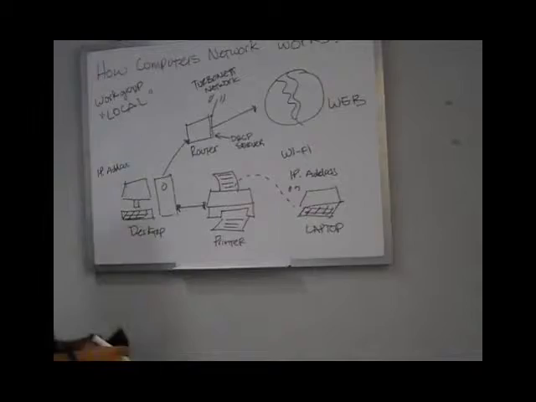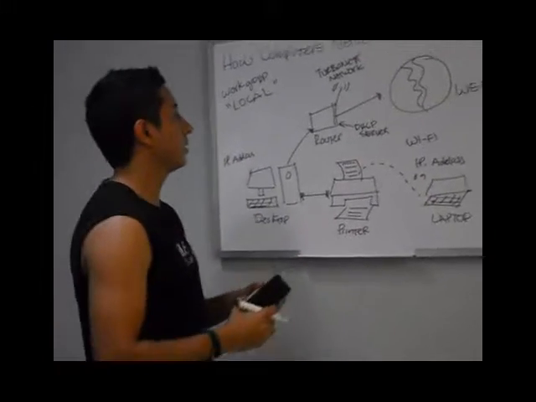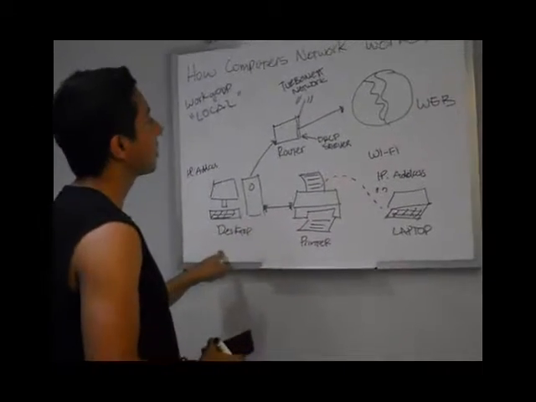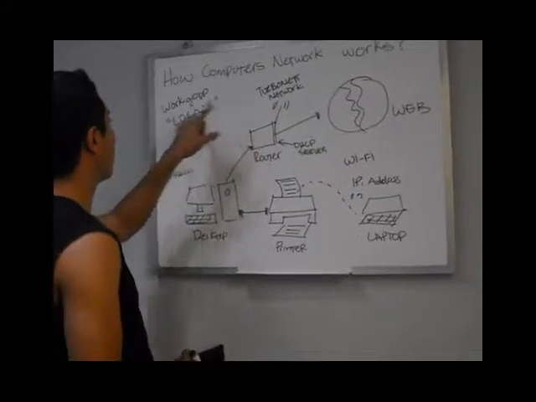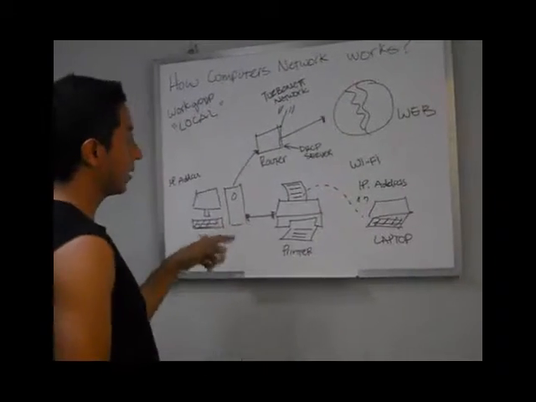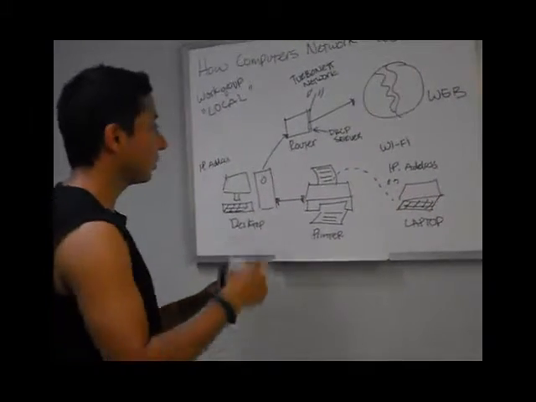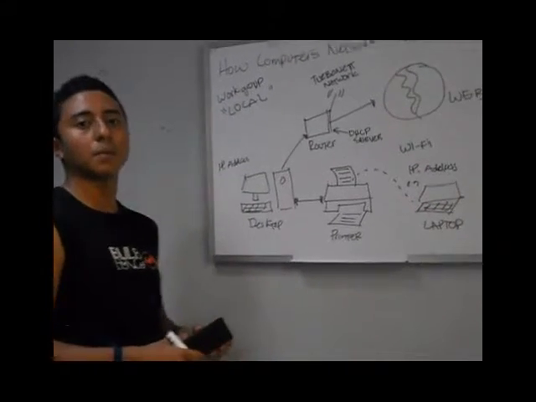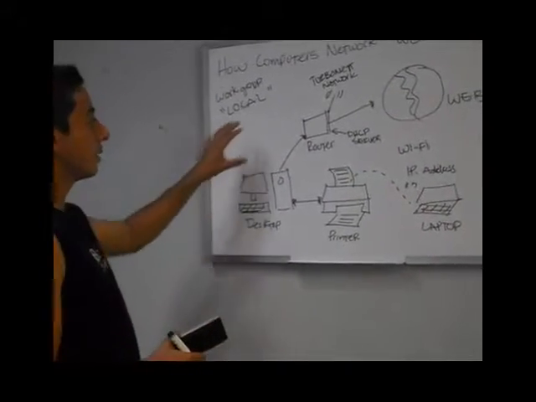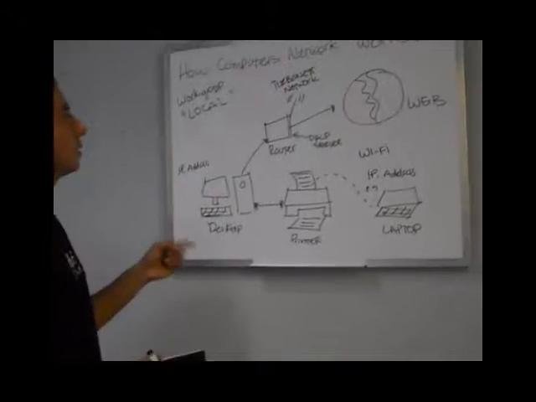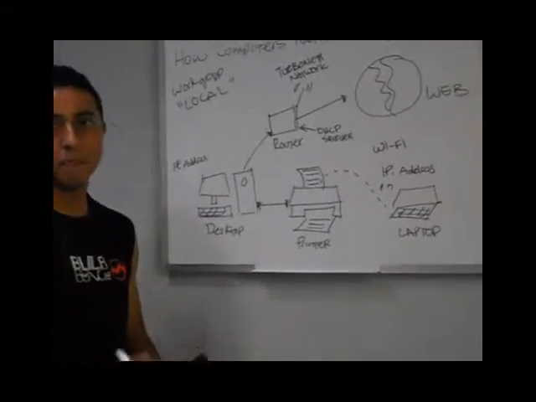So the laptop will use this printer shared by the desktop computer using the network and the workgroup local in this topology. In the next part of this video, I'm going to show you how to implement this and how this computer network works.